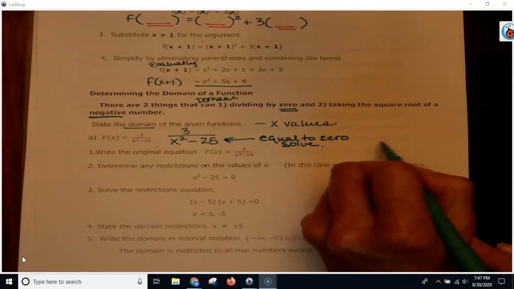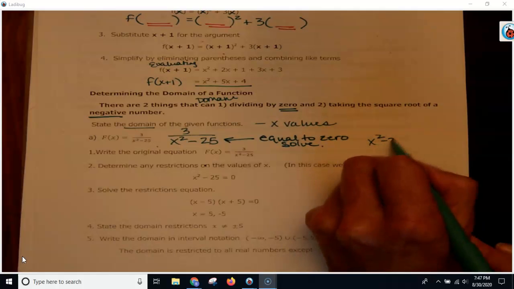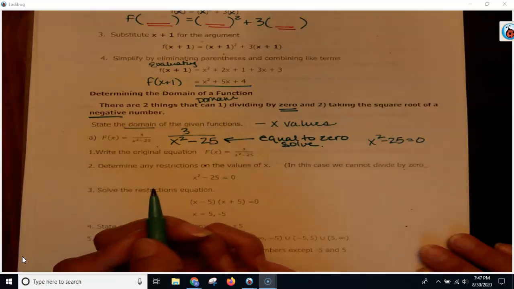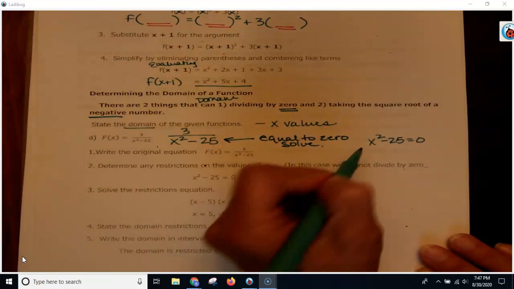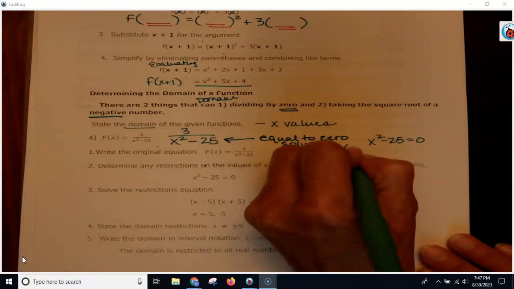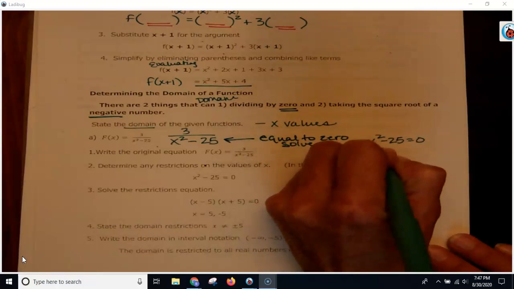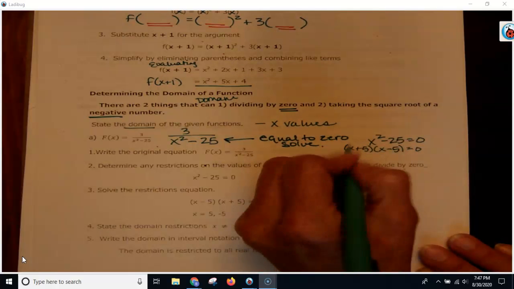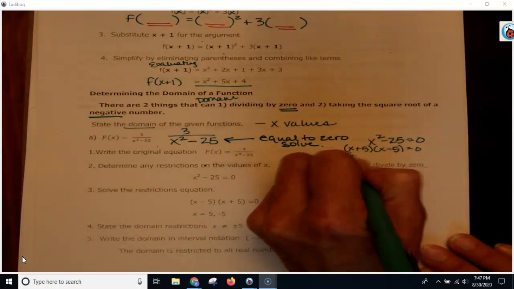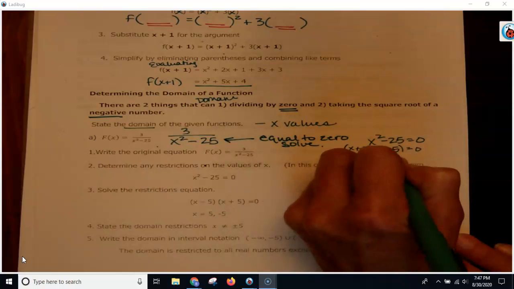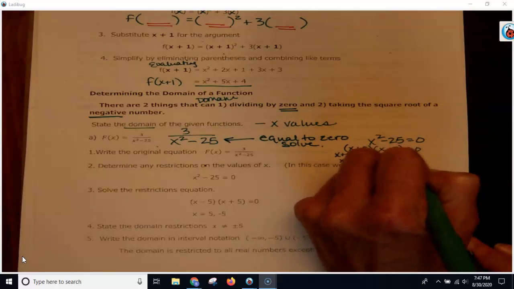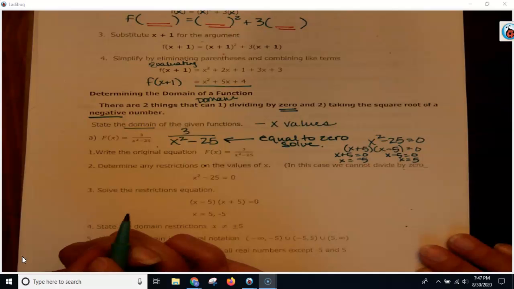So I'm going to take that. I'm going to say x squared minus 25 equals 0. There's many ways I can do this. I can do it by factoring this into x plus 5, x minus 5 equals 0, and then solving each one. x plus 5 equals 0, so x cannot equal negative 5. x minus 5 equals 0, so x cannot equal positive 5.